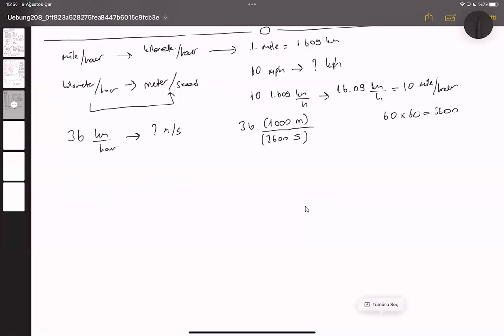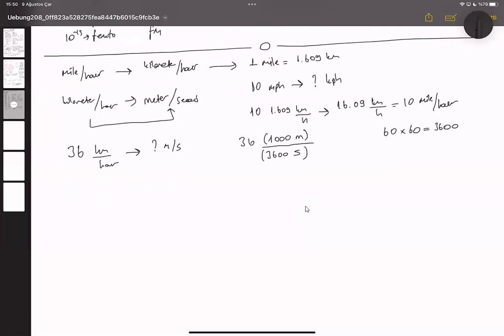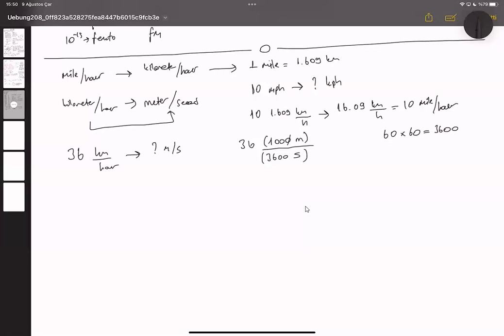So if we make cancellations, these zeros cancel out, and also this 36 cancels out. It makes 10 meter per second. So we can say 36 kilometer per hour makes 10 meter per second in SI unit system.